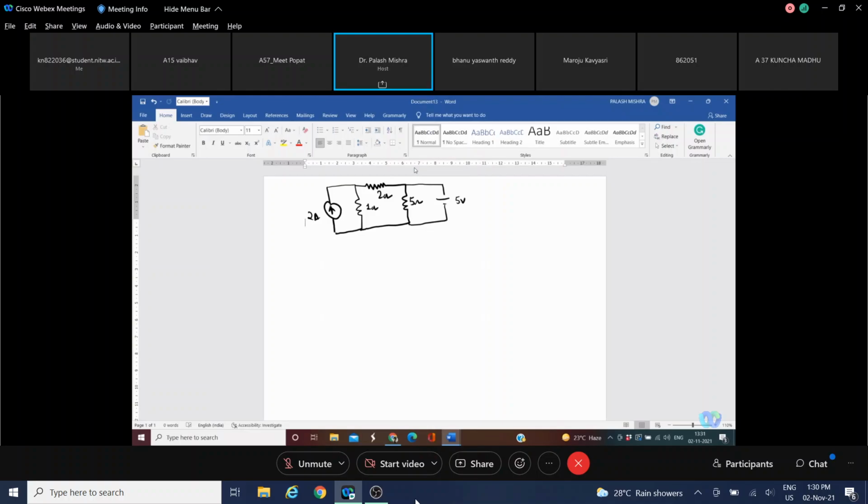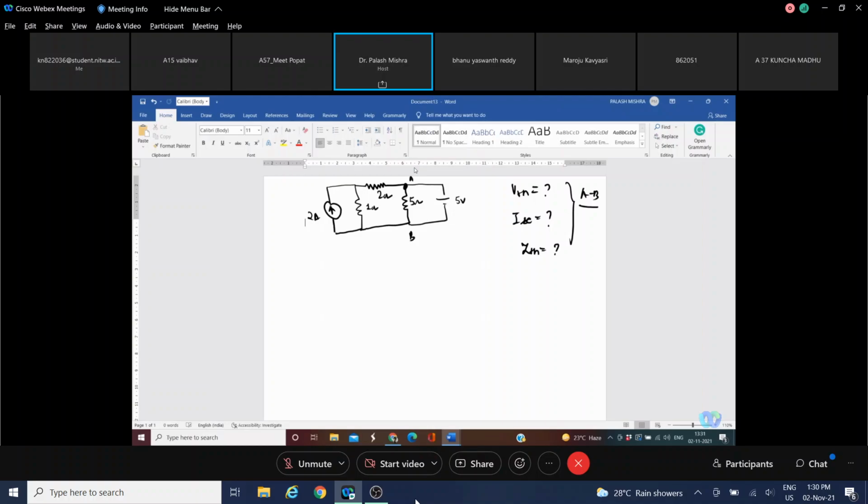The terminals are across this 5 ohm. You have to find VTH across A and B, ISC across A and B, and ZTH across A and B. Please find these three quantities using Thevenin's and Norton's theorems, and let me know the answer.